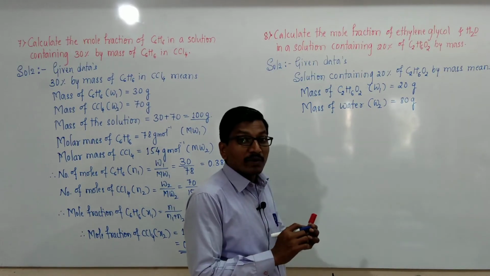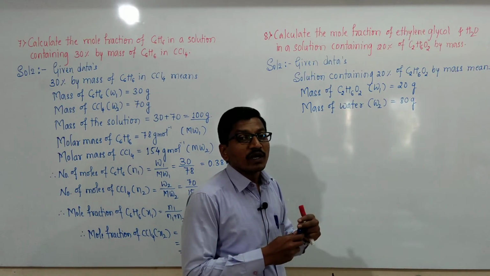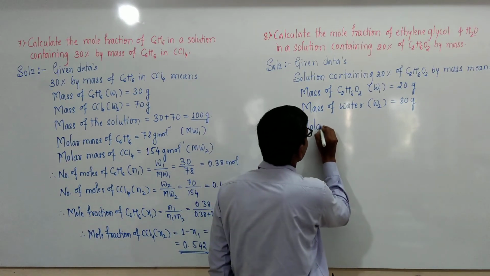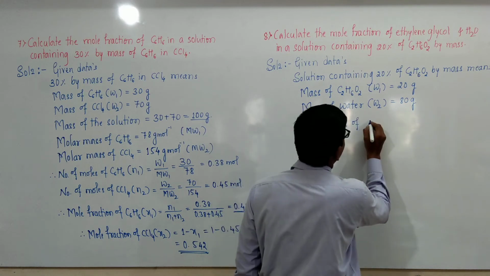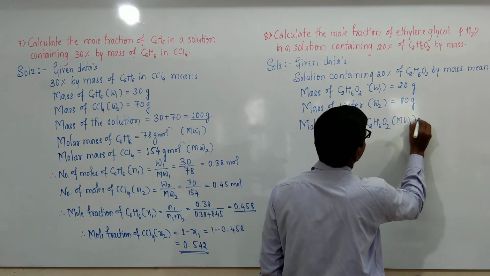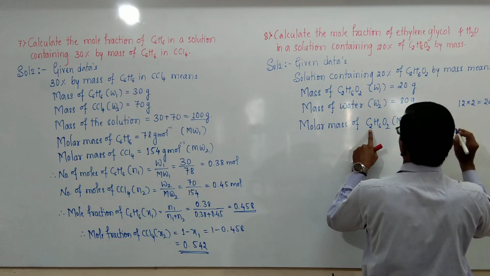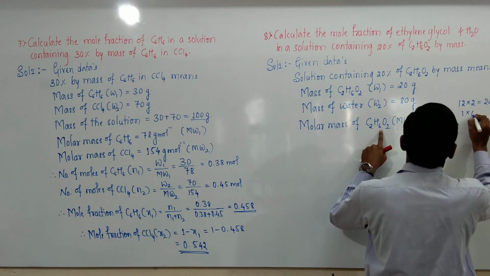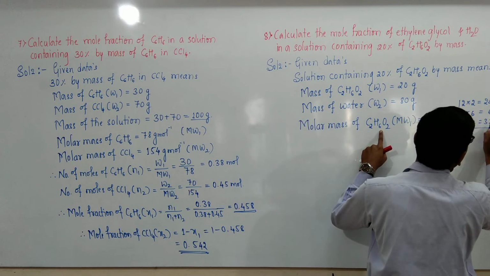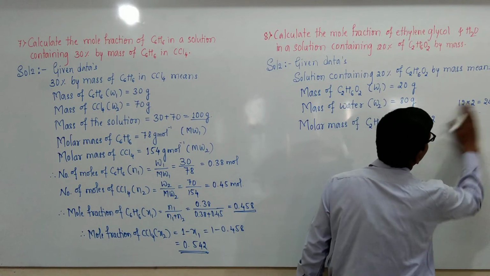Then to calculate the mole fraction, what do we need? First we have to calculate the number of moles. To calculate the number of moles we need the molar mass. If the formula is known, molar mass can be easily calculated. Molar mass of C2H6O2, that is MW1, is equal to: carbon is 2, 12 into 2 is 24, then 1 into 6 is 6, then 16 into 2 is 32, that is 62. Molar mass of ethylene glycol is 62 gram per mole.